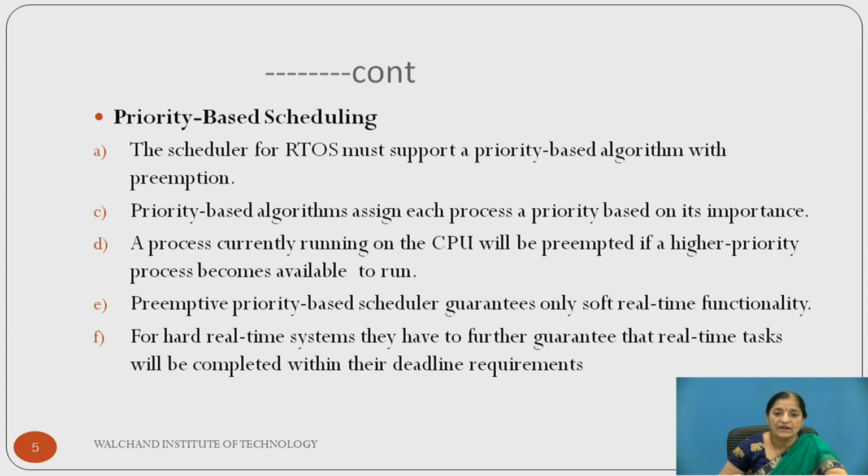So preemptive priority based scheduler guarantees only soft real-time functionality. It doesn't guarantee hard real-time functionality. So for hard real-time systems, they have to further guarantee or ensure that real-time tasks will be completed within their deadline requirements.